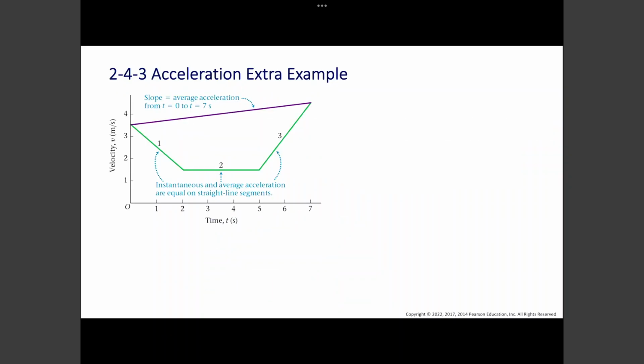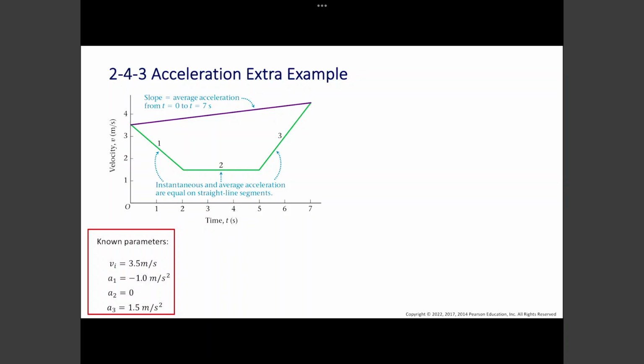Now we list the parameters given in the problem. The known parameters: the initial velocity is 3.5 meters per second, and a1 is the acceleration in the first 2 seconds, which is minus 1. In the next 3 seconds a2 is 0, and the acceleration in the final 2 seconds, a3, is 1.5 meters per second squared.